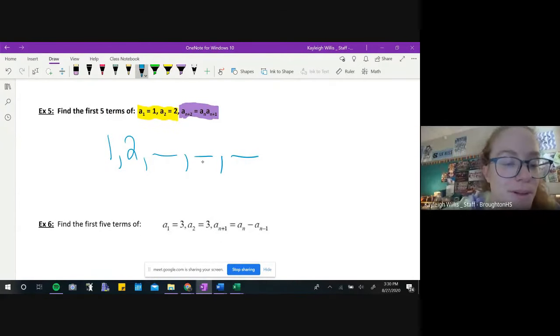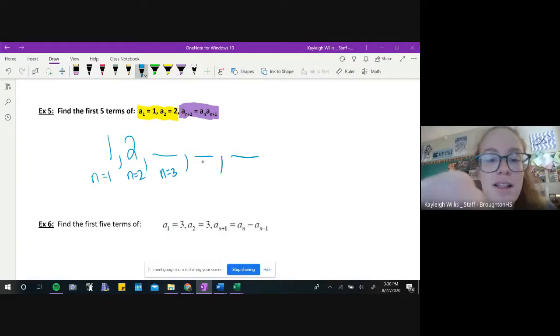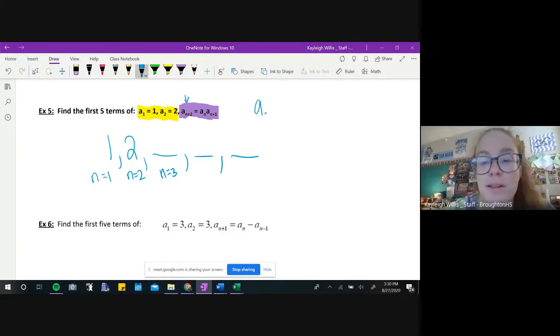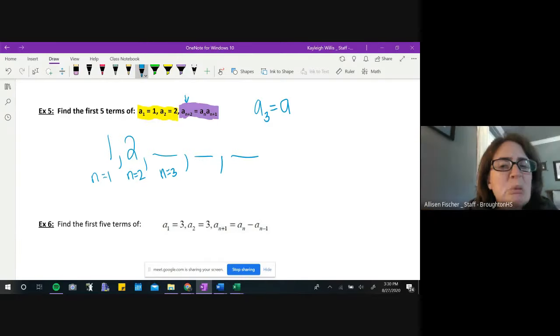You're very welcome. So here we know that my n value is 1, and here we know my n is 2. And so we want n is 3. So if we want n is 3, then this part has to equal 3. So a sub 3. If that is equal to 3, then what n value does it equal? 1?